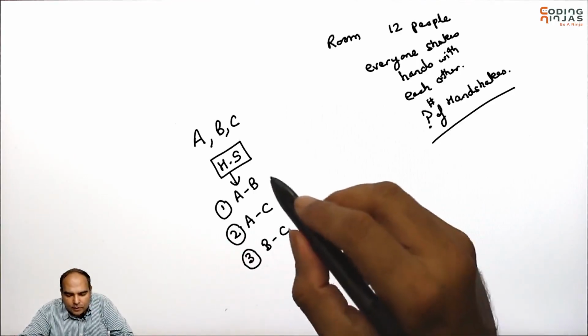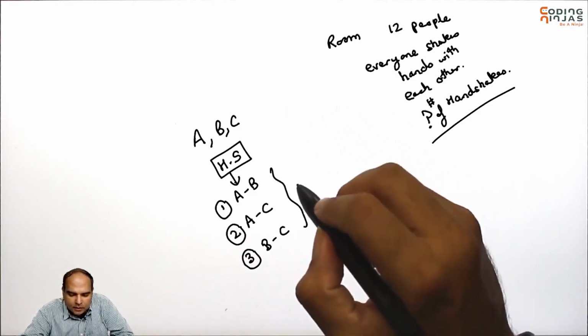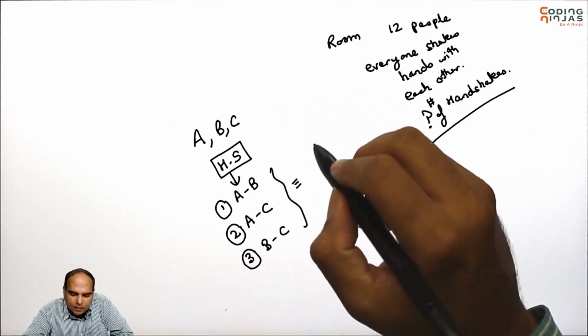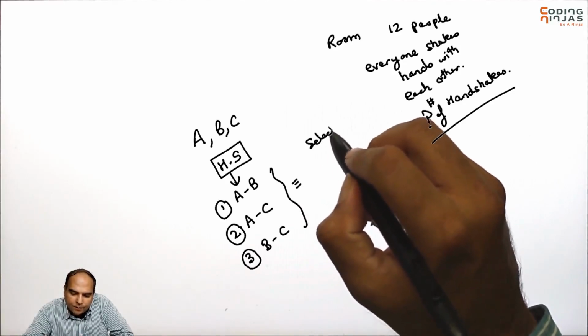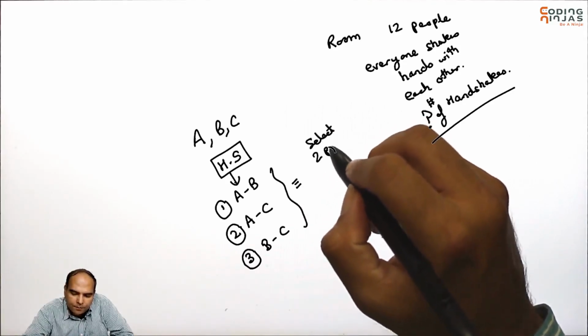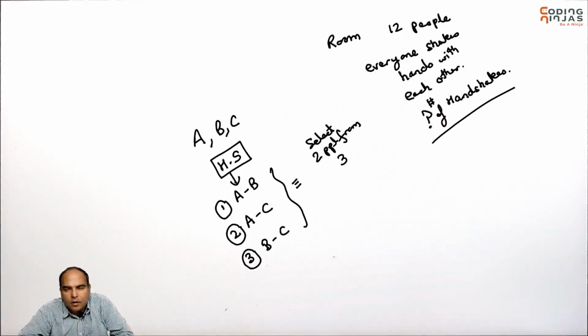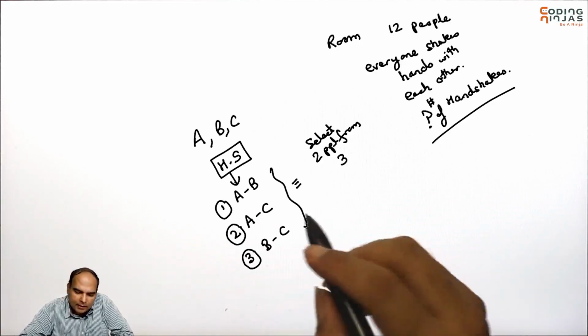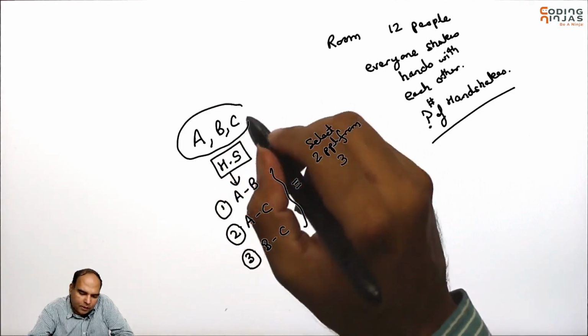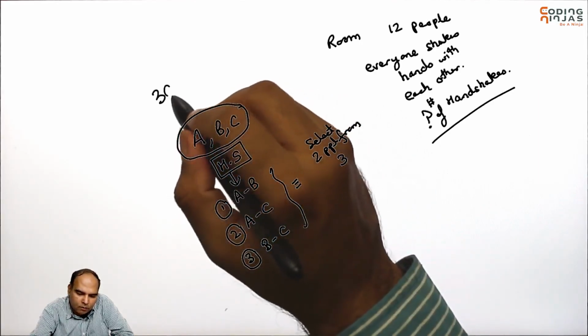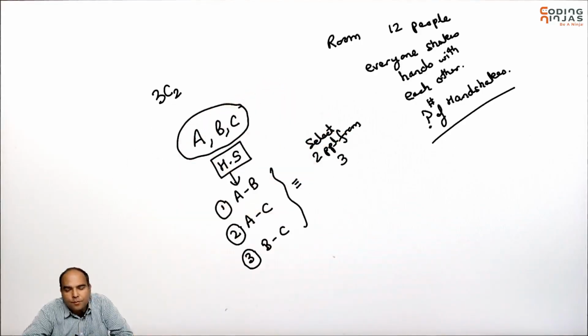And effectively this list is the same list that will get created if you select 2 people from 3. If you select 2 people from 3, this is going to be exactly the same list, right? And hence, in this case, if I want to find the number of handshakes, I can do it using 3C2.